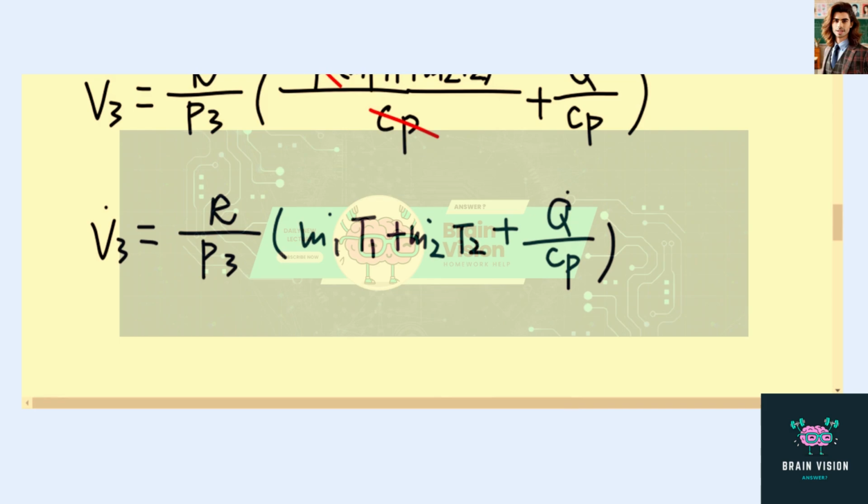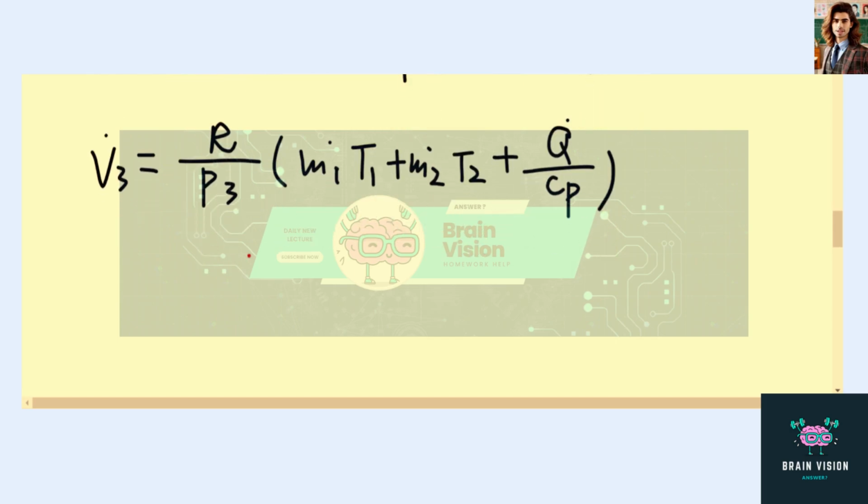Also, in this question we're saying that the pressure is constant, which means P1, the pressure for the first ideal gas, should be equal to the pressure for the second ideal gas, P2, and equal to the pressure for the mixture, P3. So we can use P3 to substitute for each pressure here.